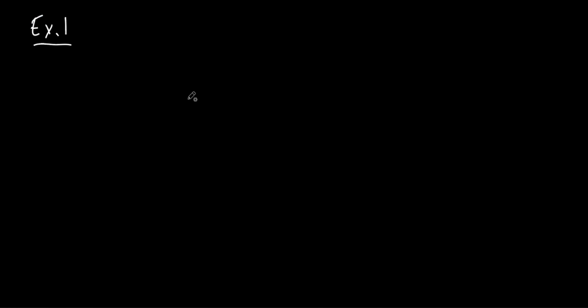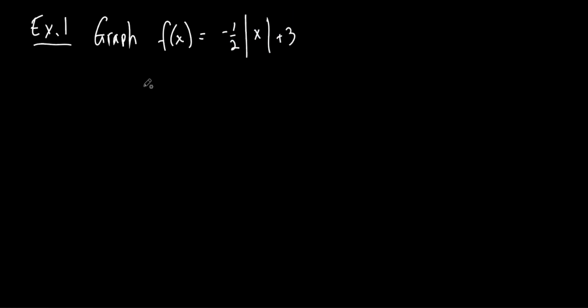They ask you to graph this: f of x equals -1/2 times the absolute value of x plus 3. They ask you to graph that, and they want you to graph its inverse.